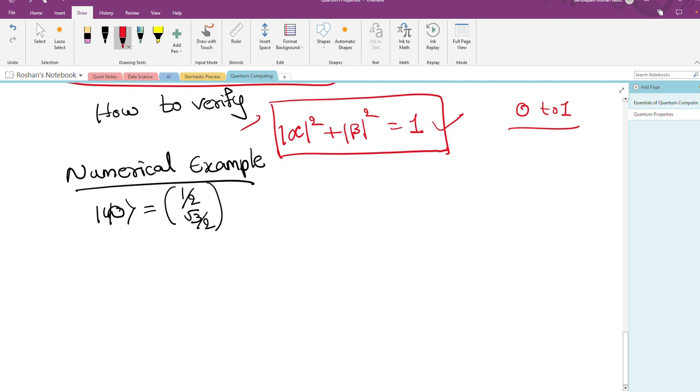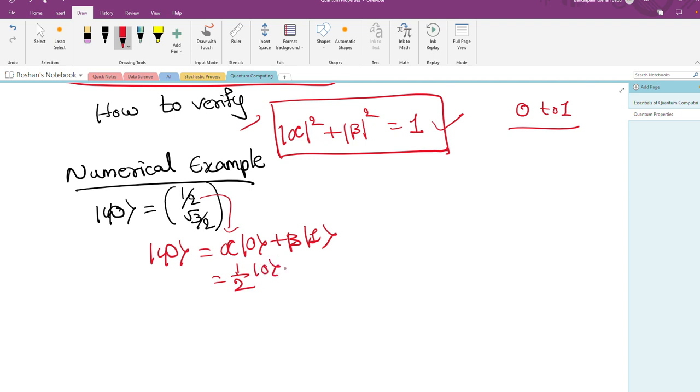We know the formula to represent a quantum state: psi equals alpha ground state plus beta excited state. So the alpha value is 1 by 2 and the beta value is root 3 by 2.